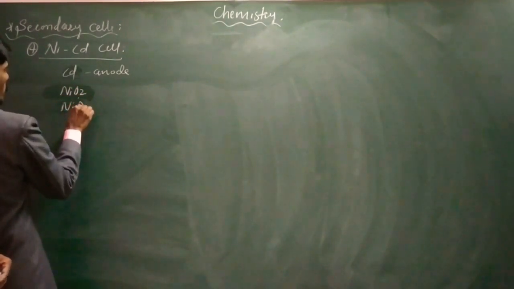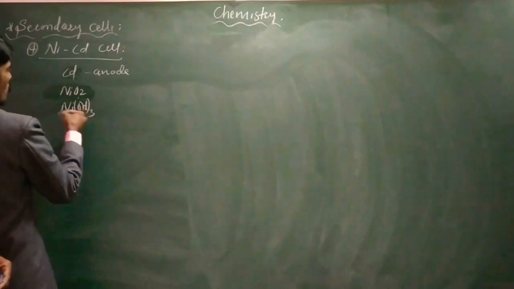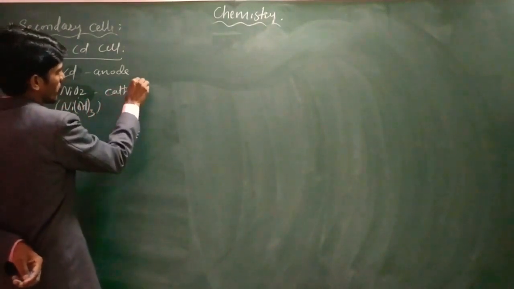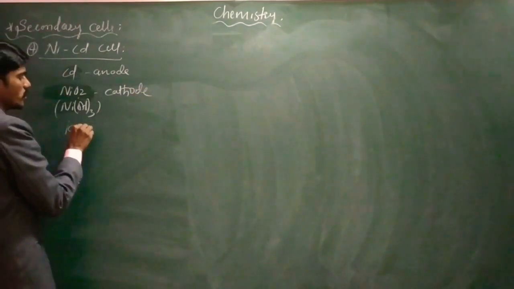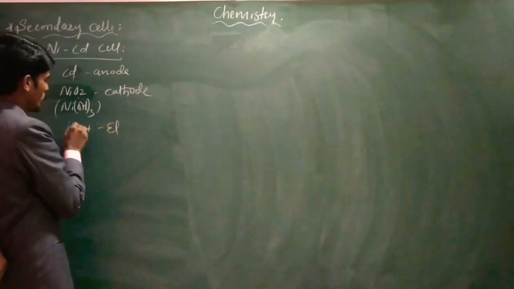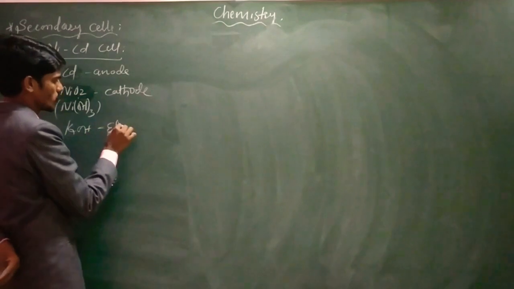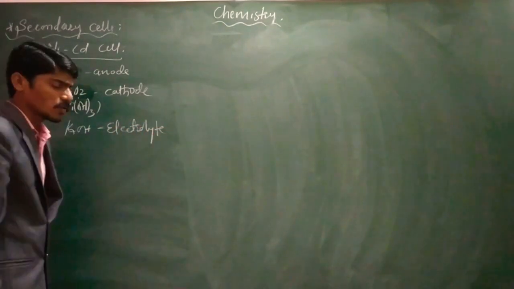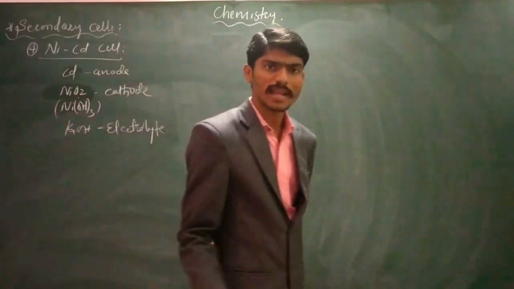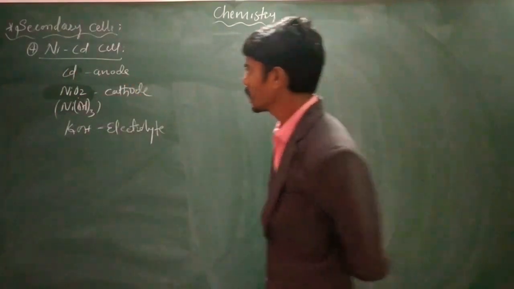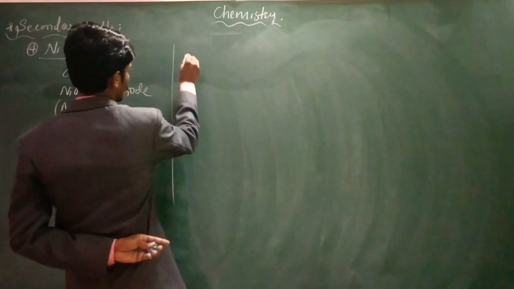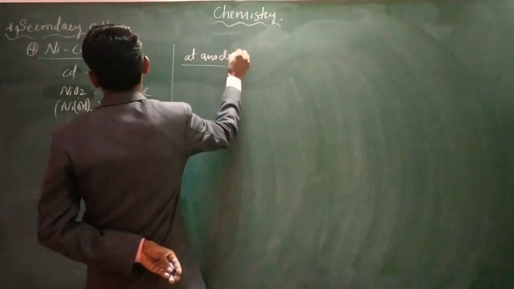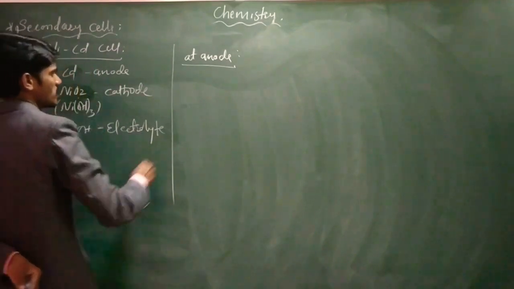We are going to take Ni(OH)3 as a cathode and KOH, potassium hydroxide, is used as an electrolyte. जब एनोड कौन सा है, कैथोड कौन सा है, इलेक्ट्रोलाइट कौन सा है, ये तीनों अगर आपको पता है तो directly you can write the reaction at anode. एनोड पे कौन सा रिएक्शन होगा? ऑक्सीडेशन.